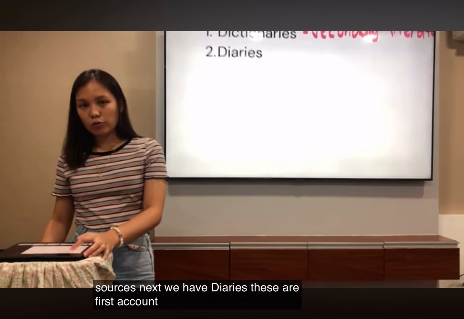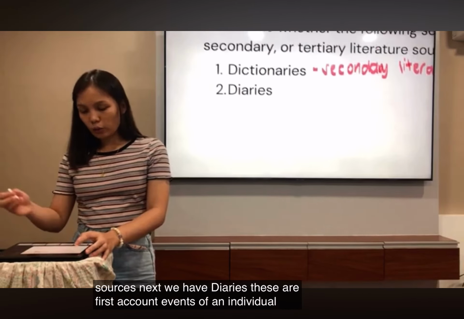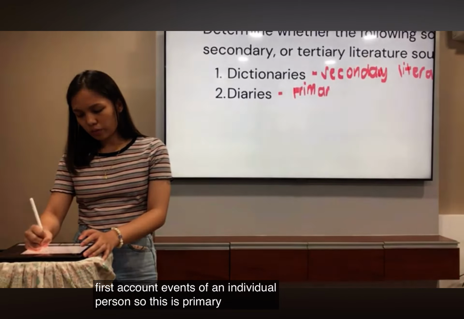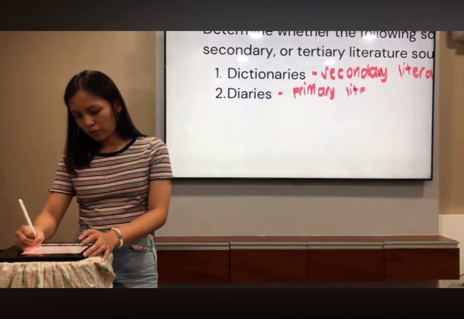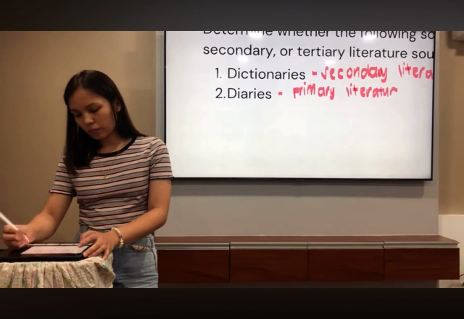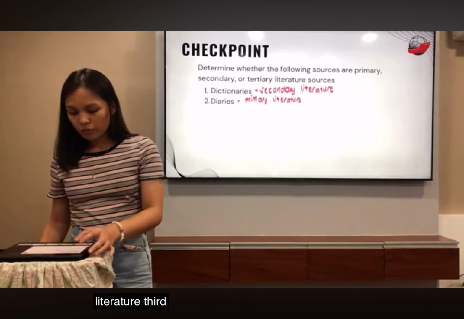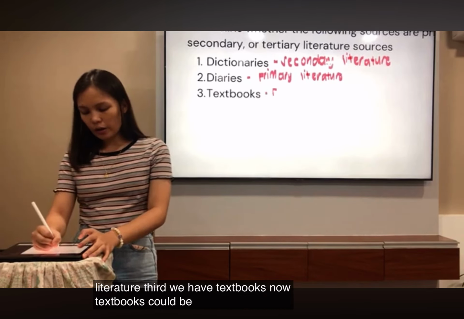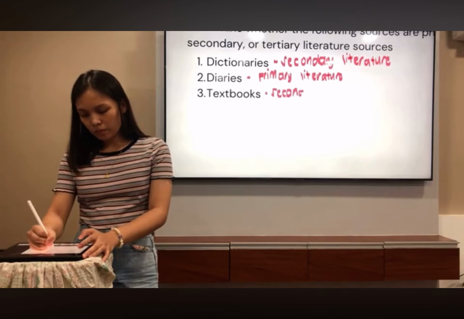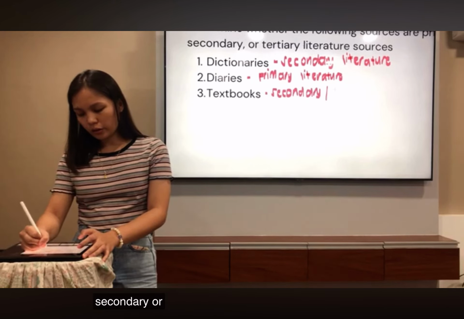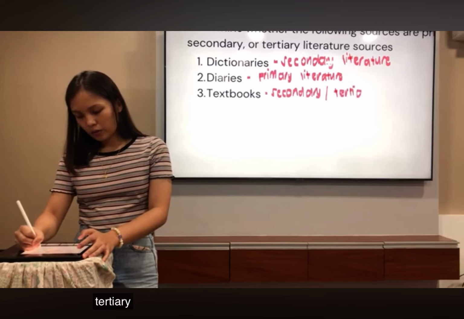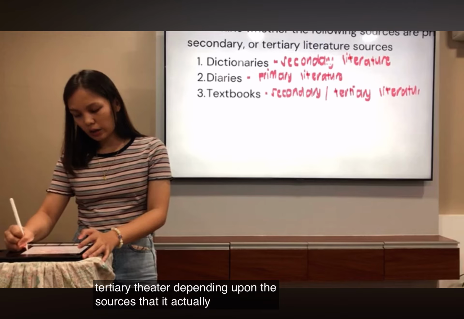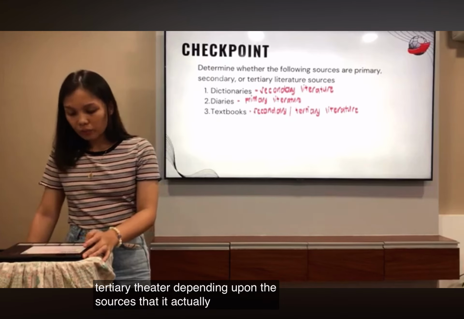These are first-hand accounts of events of an individual person, so this is primary literature. Third, we have textbooks. Now, textbooks could be secondary or tertiary literature, depending upon the sources that it actually utilized.